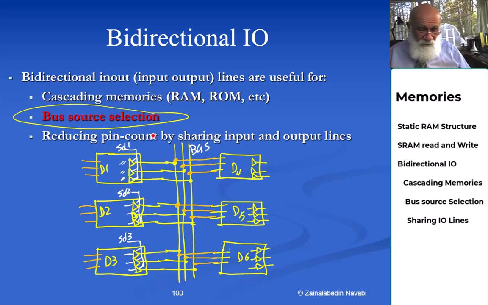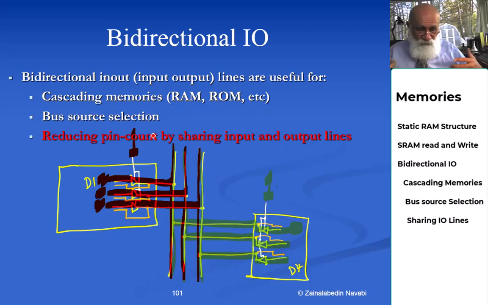And they are also good for reducing the pin count by sharing. This is a true bidirectional bus here that I'm using. And by sharing this bidirectional bus, I'm able to reduce the number of lines of the bus and the number of connections to devices by 100%, meaning making them half as many. Okay, this ends this part on memories and bidirectionality.